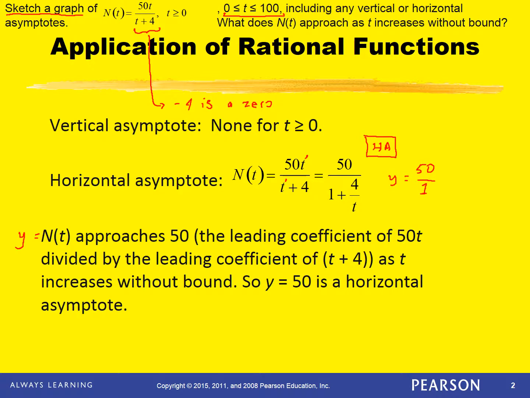And so the line y equals 50 is a horizontal line 50 units above the x-axis, or in this case the t-axis.